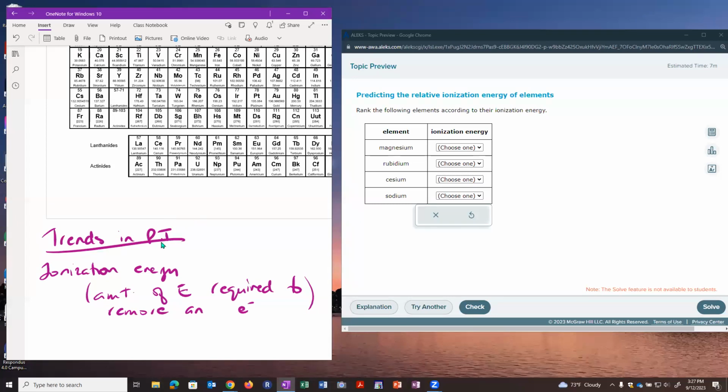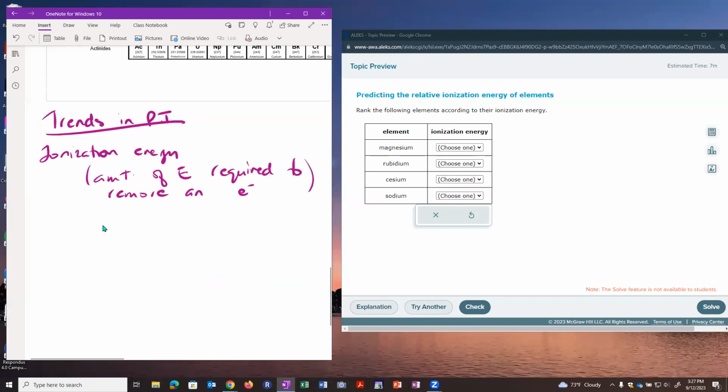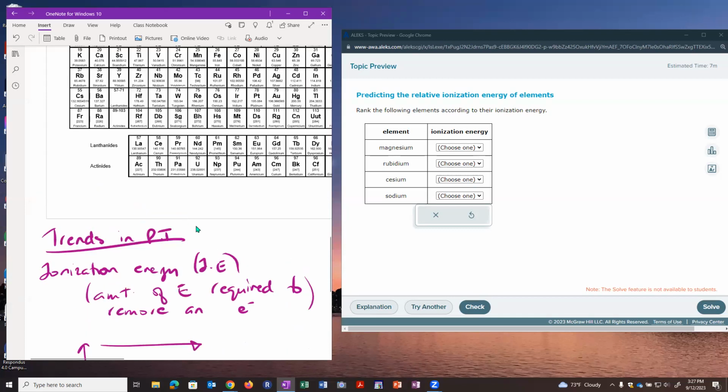And the trend in ionization energy typically is as you go up and to the right, the ionization energy, IE, that's how we abbreviate it, increases.